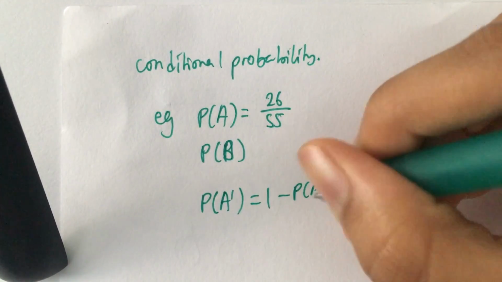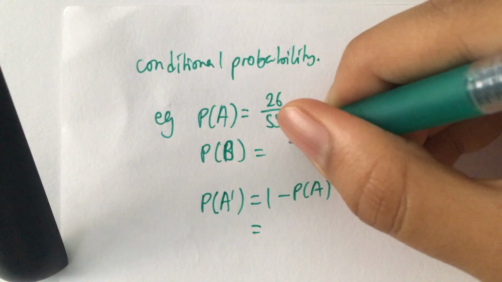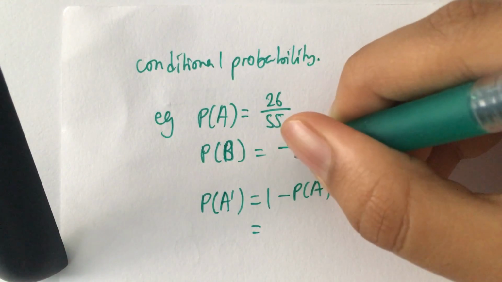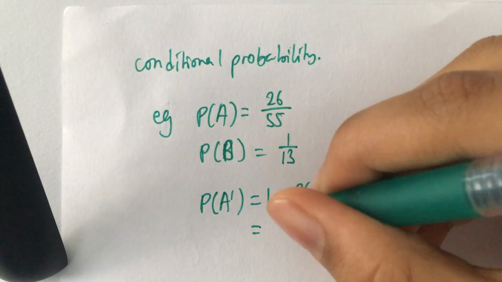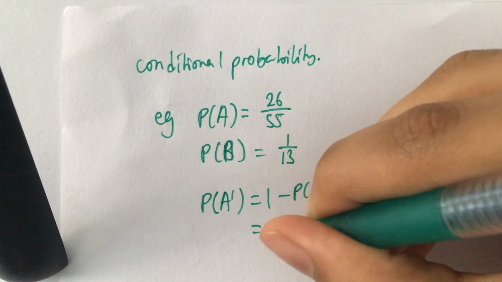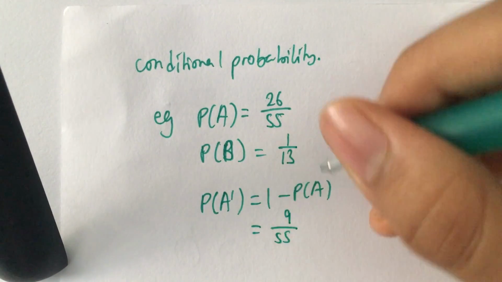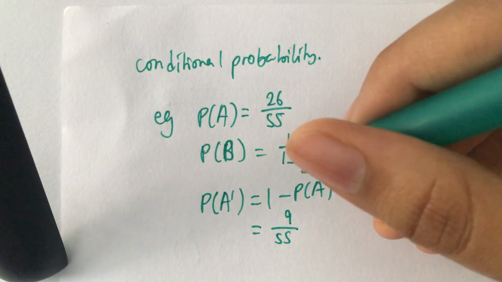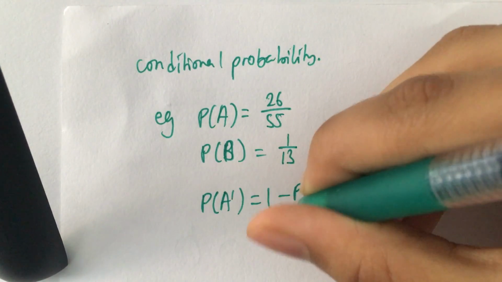The second one is the probability of A union B. Union means it can be either or, it can be A or B. If your A and B intersect, then the intersection of A and B is counted as one area.